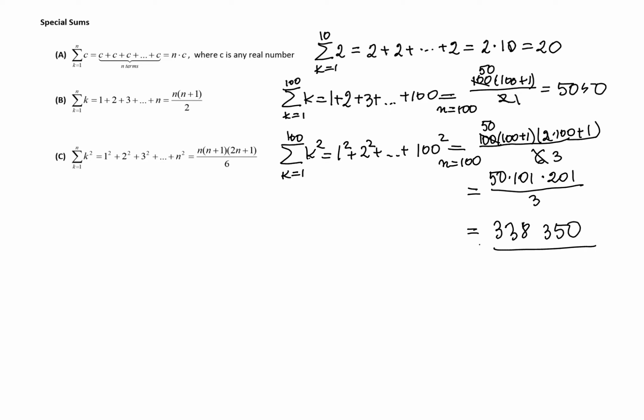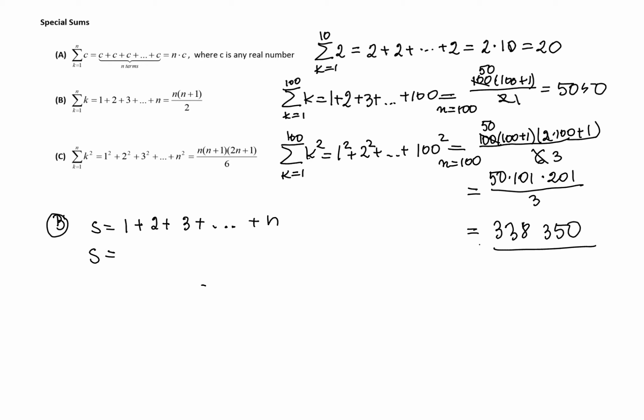The formulas B and C can be proven using algebraic methods, but we'll do here just part B, since part C is a little bit more algebra heavy than part B. So we want to compute the sum s of the first n positive integers, 1 plus 2 plus 3 and so on until n.